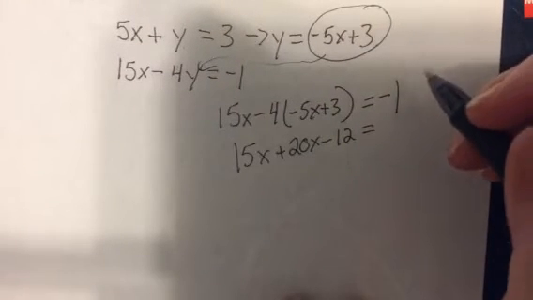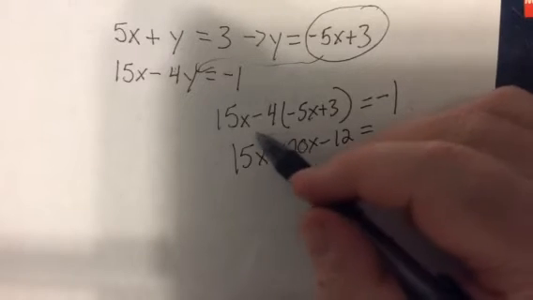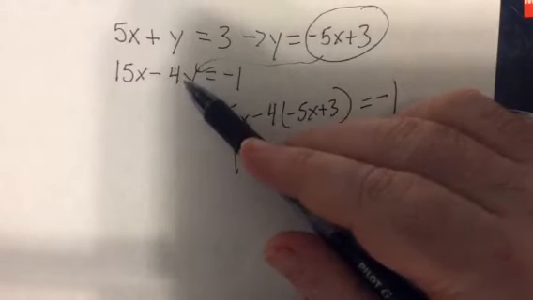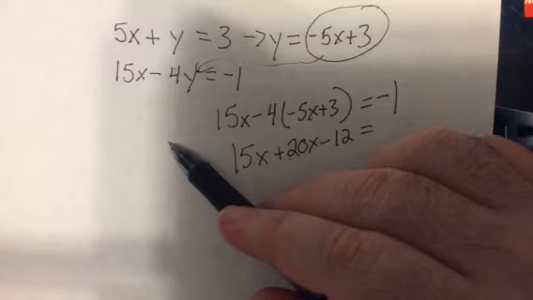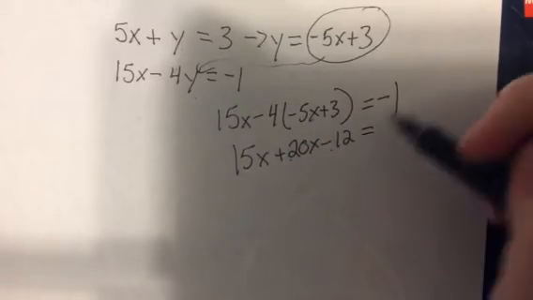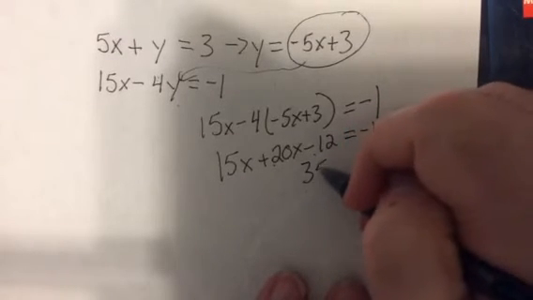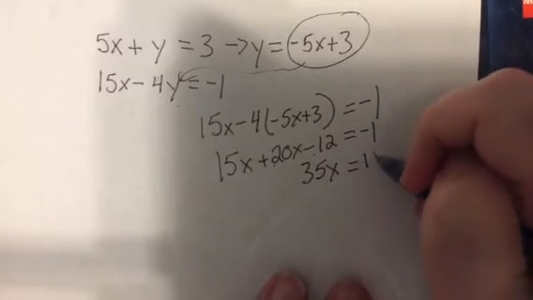So I have 15x plus 20x, is that 35x? Did I mess up? Minus 12 equals negative 1. So add 12, so I have 35x equals 11.